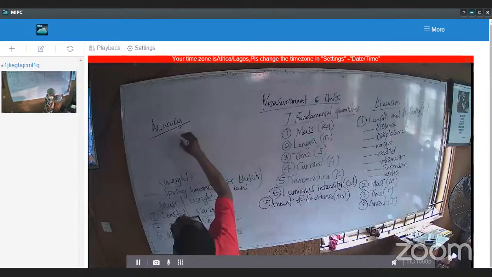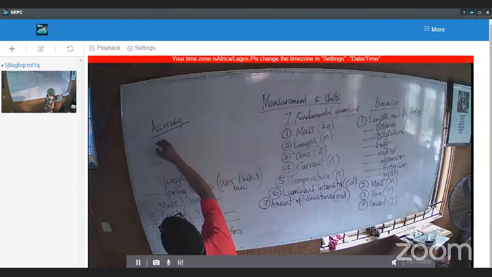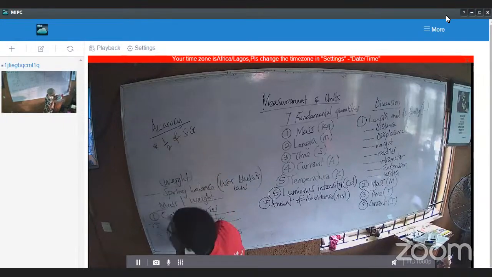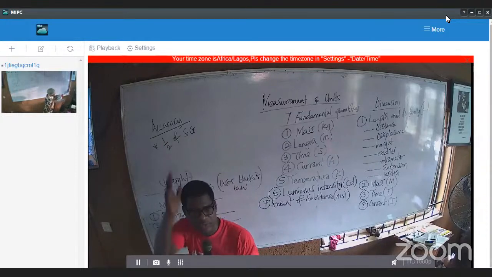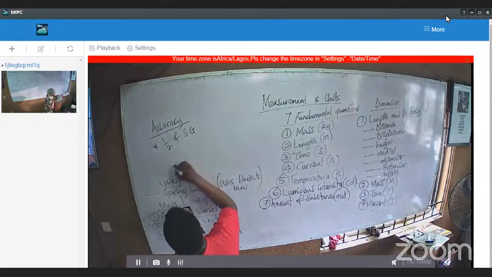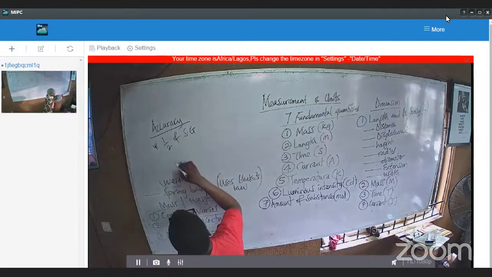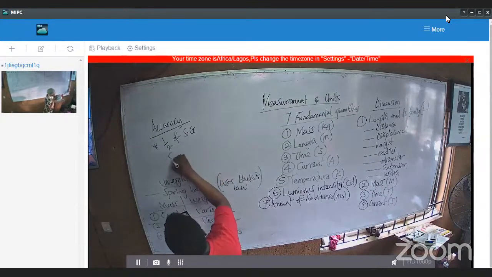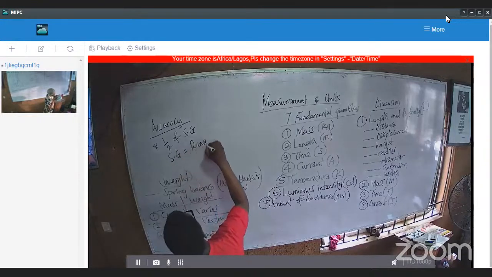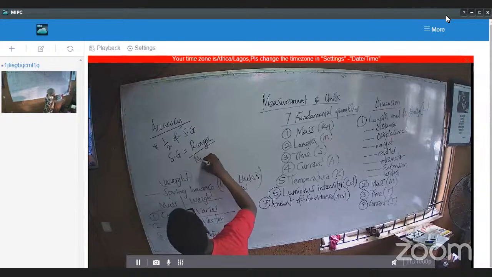Accuracy is half of smallest graduation. That's accuracy. And the smallest graduation is range over number of divisions.